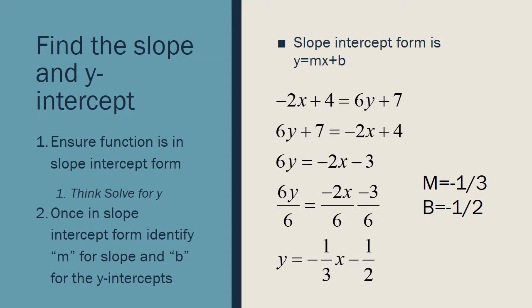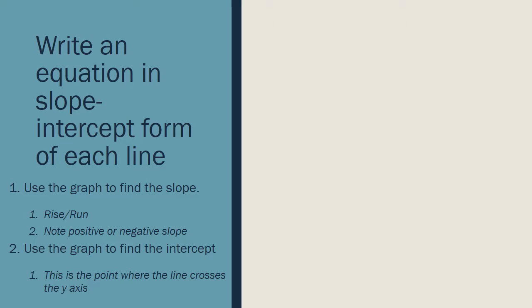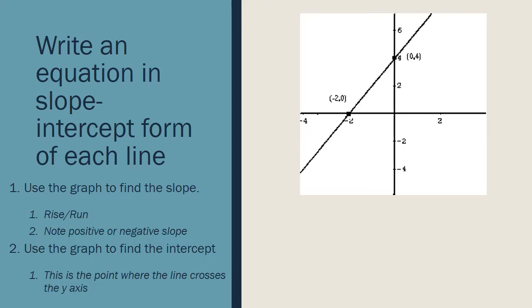Alright, next type of problem is writing an equation in slope-intercept form of each line. It's actually going to give you a graph. And here I have a graph, and I've gone ahead and drawn a line. I identified these points because they were nice and easy to see on my line. The first thing we do is find the rise over the run. I'm going from 0 up to 4, so my rise is 4.